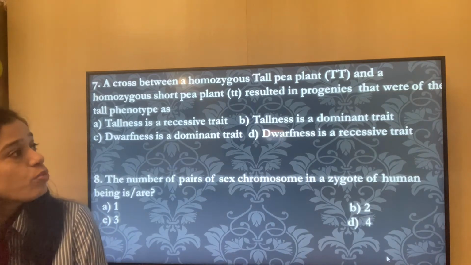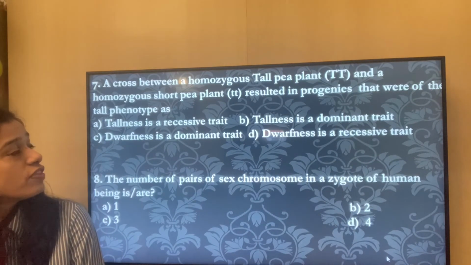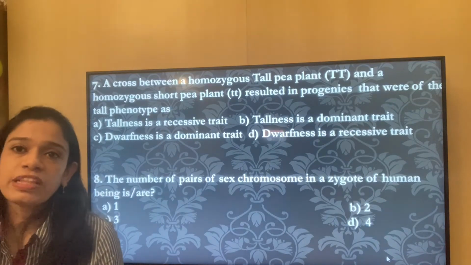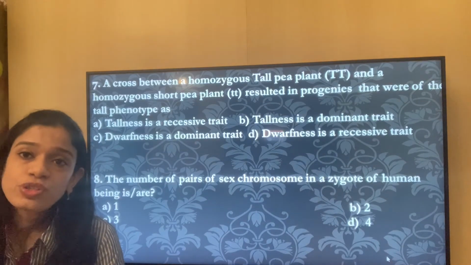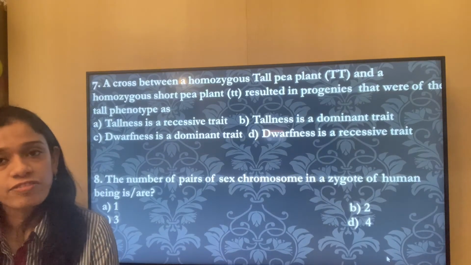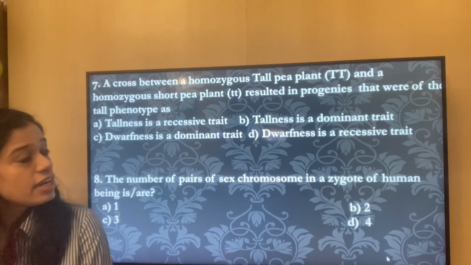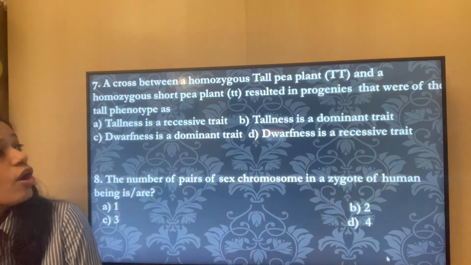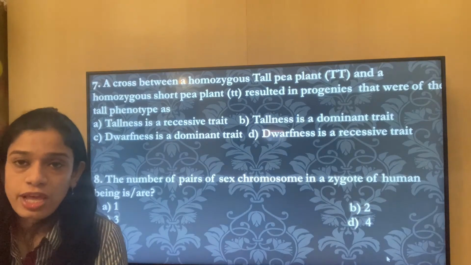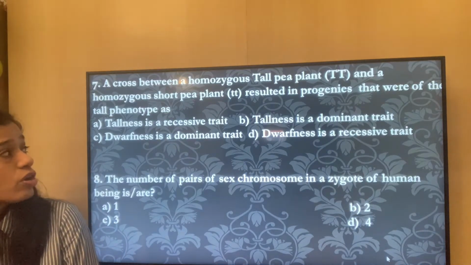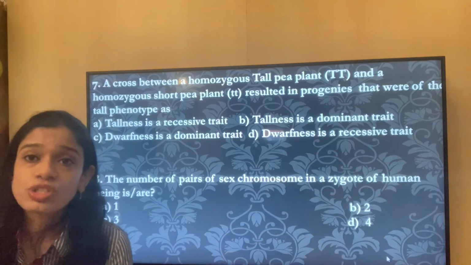What will be the phenotype of the resulting F1? The resulting F1 will be tall, because tallness is the dominant trait.